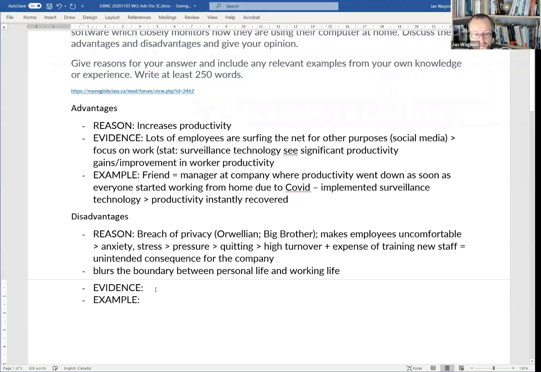Okay, and what about on the other side? Can we also add a statistic on this one? Can you give us one?